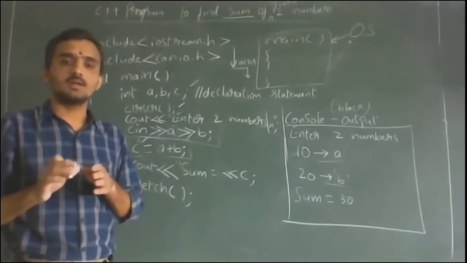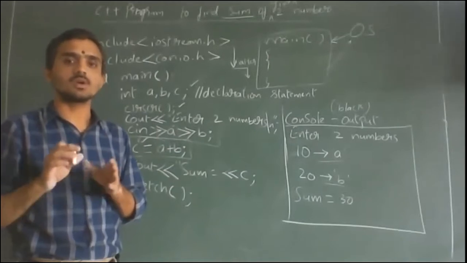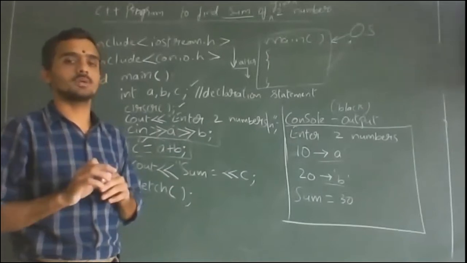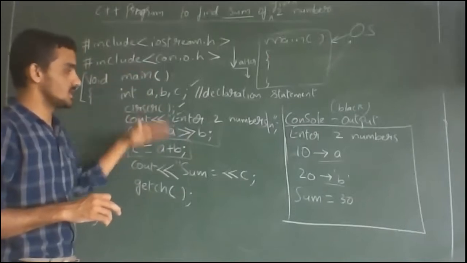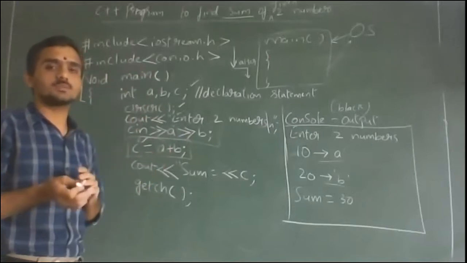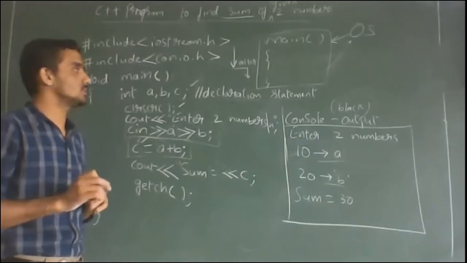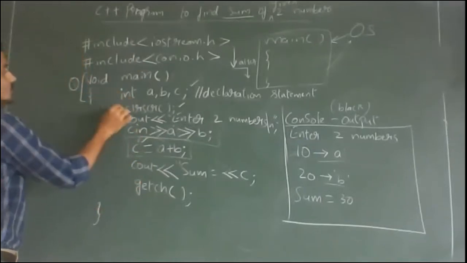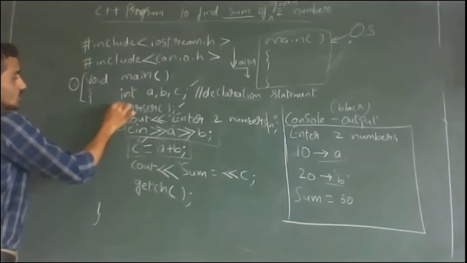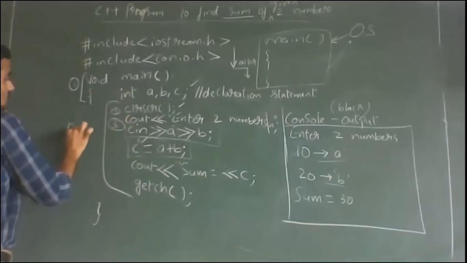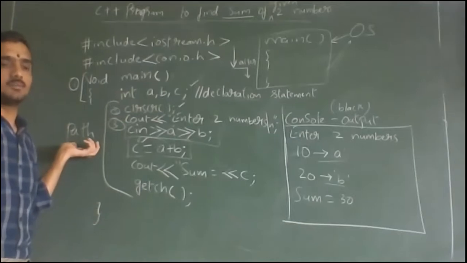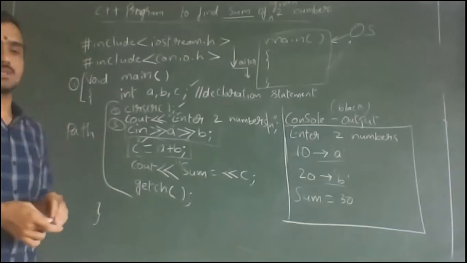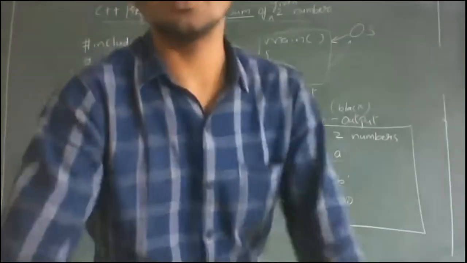Until then, program control flows from one statement after another, in sequence. So 1, 2, 3, what I read, this is called the execution path. This execution path we can alter by using the control statements concept. Now quickly we will execute this program.